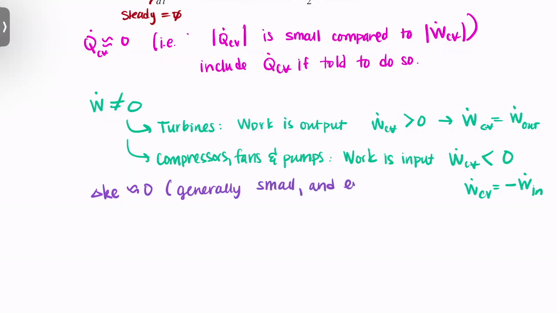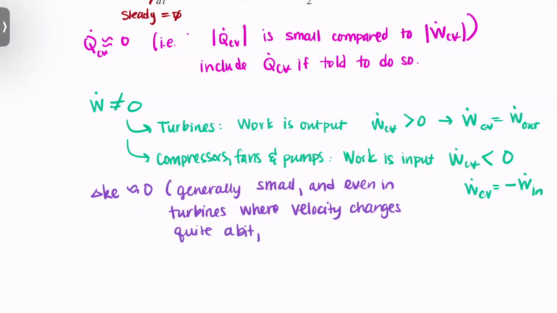And even in turbines where velocity changes quite a bit, it's still quite a bit smaller than the changes in enthalpy, just like how we saw at the beginning of class. Okay, so that's still the case here.